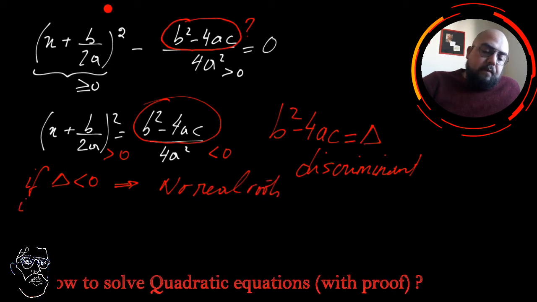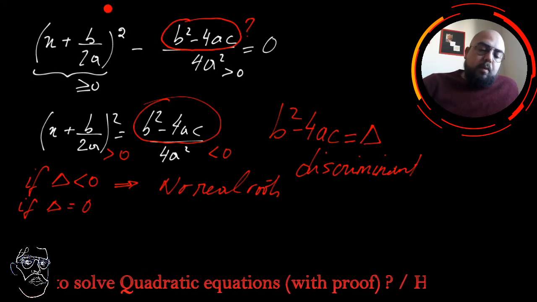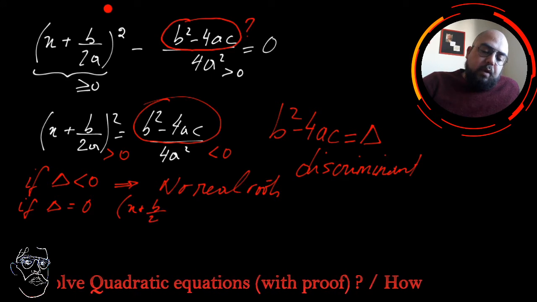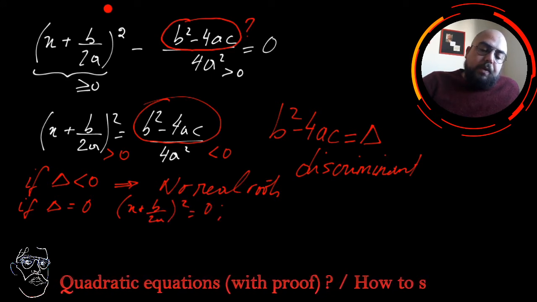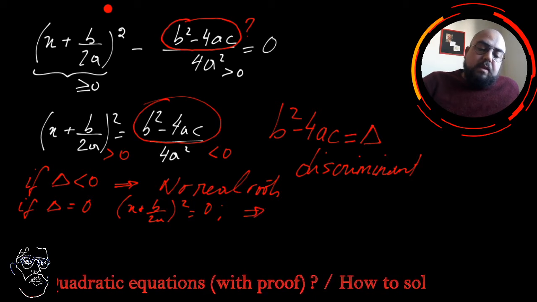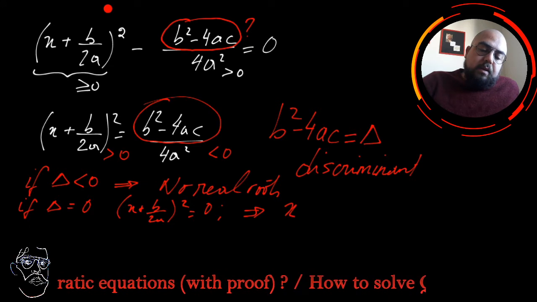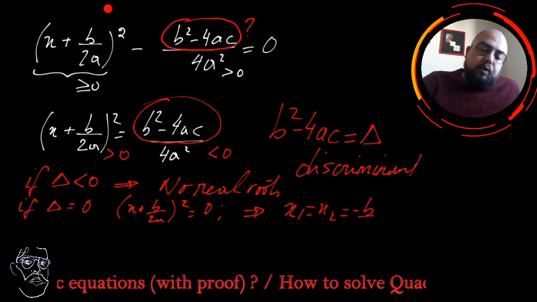What happens if delta is equal to 0? My equation becomes (x + b/2a)² = 0. So I will obtain one real double root, x1 = x2 = −b/2a.